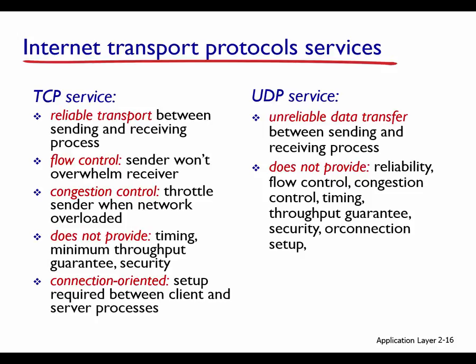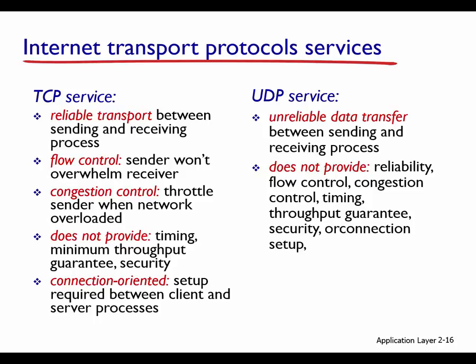So basically, based on your requirements, you're either going to use TCP or UDP. Traditionally, and we're going to talk about this more in future lectures, TCP is going to be used mostly for when you require reliable transport.